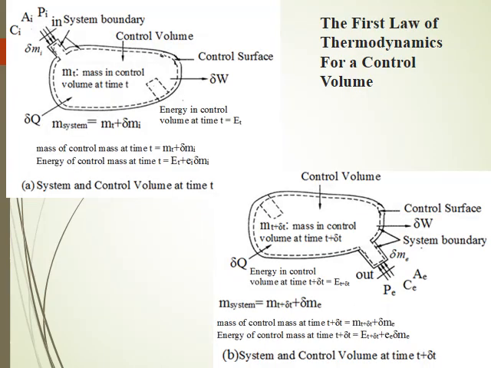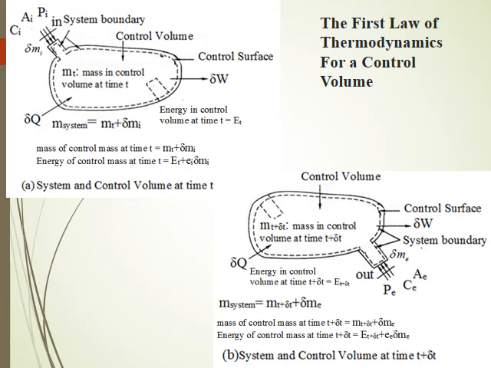Now we want to develop the expression for the first law of thermodynamics for a control volume, and later we will develop it in the rate equation form. For developing the first law in general form as well as in rate equation form for a control volume, we will proceed in the same manner as we have done in developing the equation for the law of conservation of mass in general terms as well as in rate equation form.